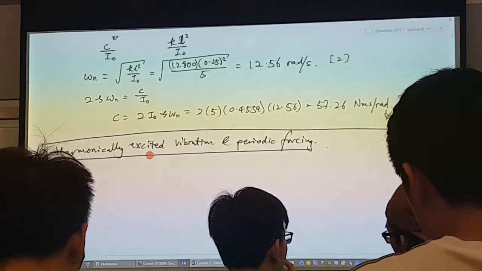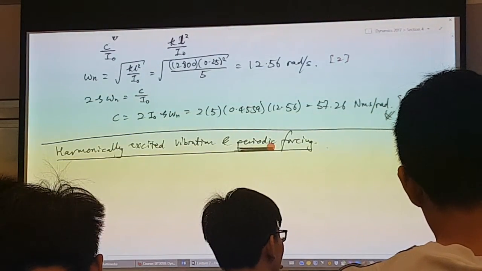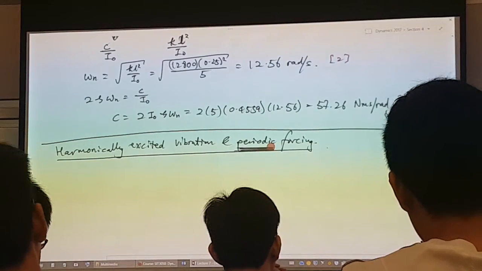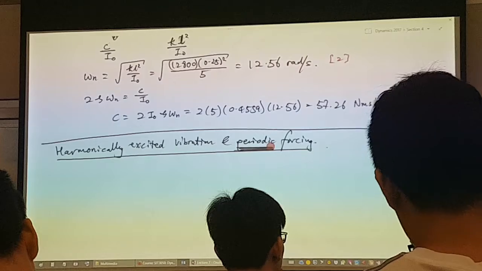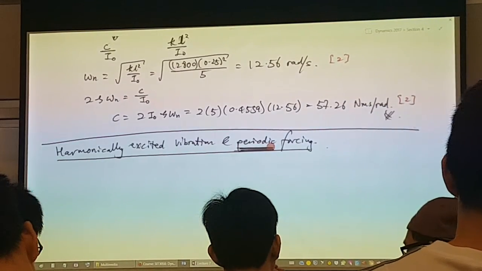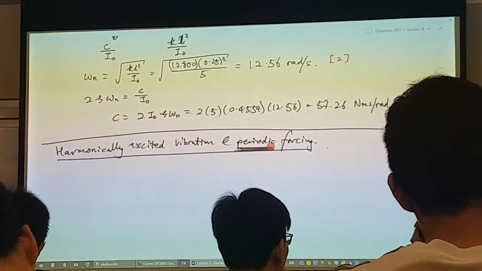So today we are looking at periodic motion. So the last time when we had for our setup, so if you remember, we had a setup.